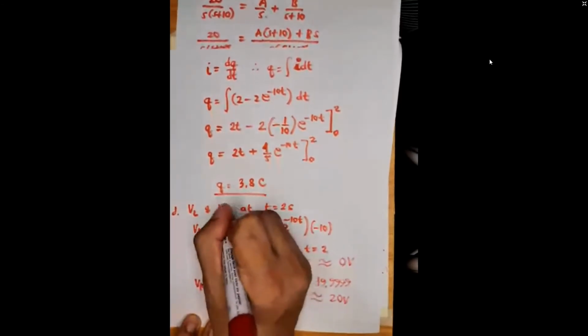Di ba yung inductor natin ay ba't VC pala to? Dapat VR lang. Nag-start pa lang mag-charge yung inductor natin kaya yung current niya ay mababa pa rin. So yung voltage niya ay mababa. Okay? After 2 seconds, medyo mababa pa. Okay?